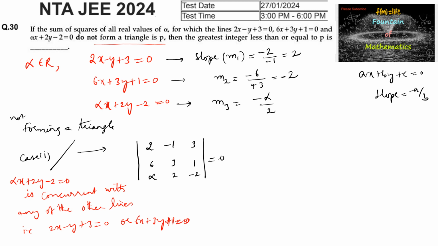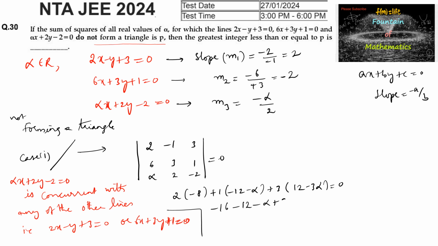On simplifying, you get 2 times of minus 6 minus 2, that is minus 8, plus 1 times of minus 12 minus alpha, plus 3 times of 12 minus 3 alpha is equal to 0. Or we can write minus 16 minus 12 minus alpha plus 36 minus 9 alpha is equal to 0.